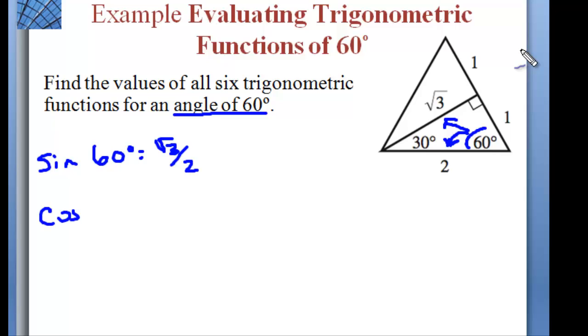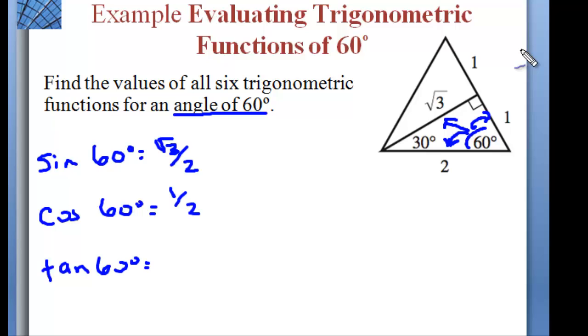Cosine of 60 degrees, adjacent over hypotenuse, which is next to the 60, is 1 over the hypotenuse, which is 2, so it's 1/2.